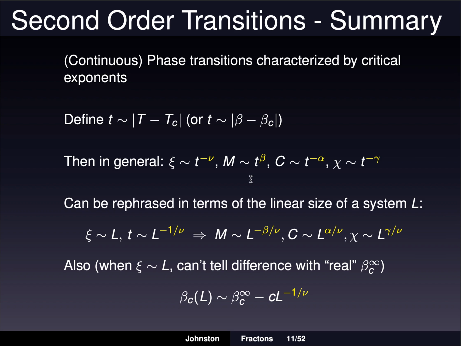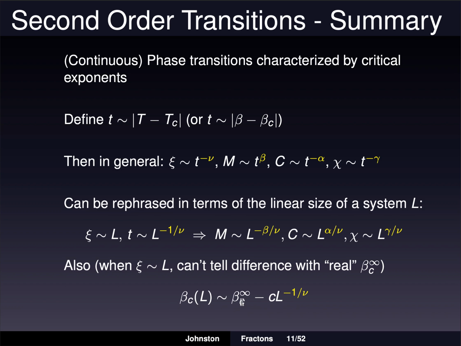So we can make use of this relation here at the top and replace the beta c with beta c infinity and this beta here with our estimate of the critical temperature, and then turning the relation around to make it a relation for our estimate of the critical temperature, we can see that our estimate, which would be given by the peak in, say, the specific heat or the susceptibility, is given by this.